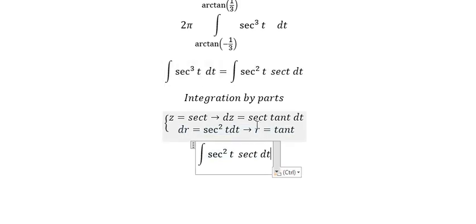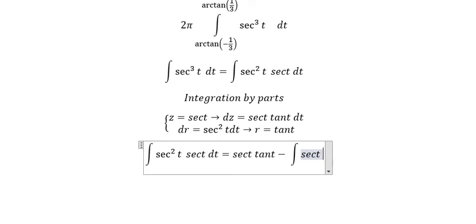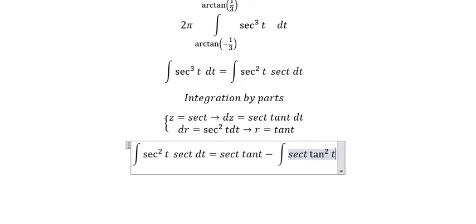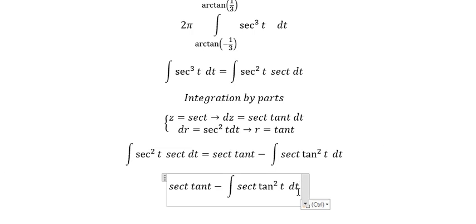So we have z multiplied by r. That should be secant t tan t minus the integral of r dz. So we have the integration of secant t tan squared t dt. Tan squared t we change to secant squared t minus 1.